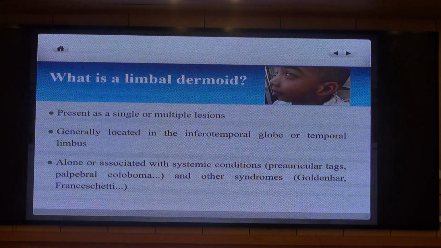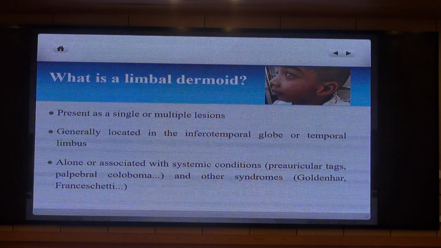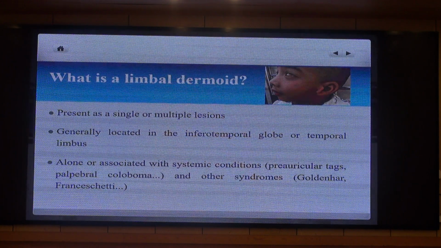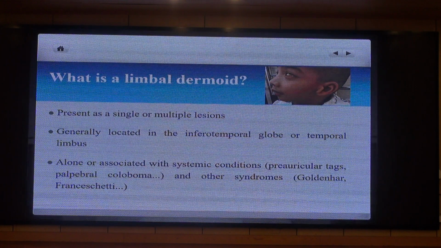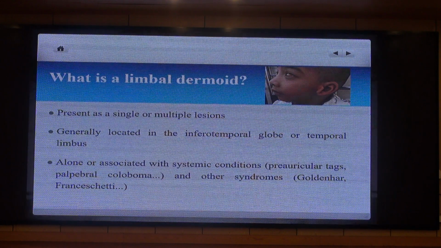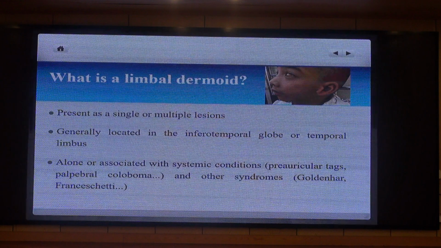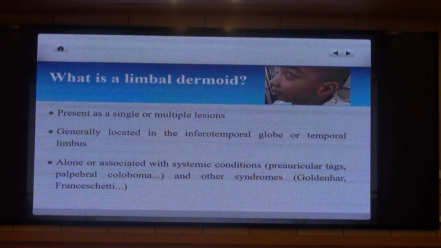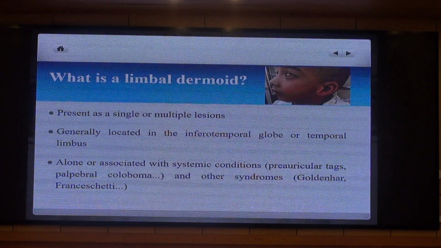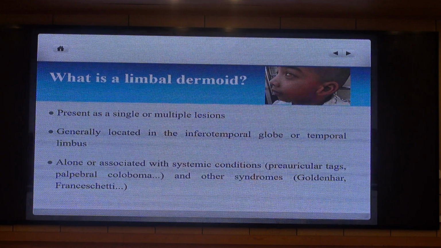It presents as single or multiple lesions, generally located in the inferotemporal globe or temporal limbus. It is isolated or associated with systemic conditions like preauricular skin tags, papillary coloboma, and other syndromes like Goldenhar or Franceschetti.